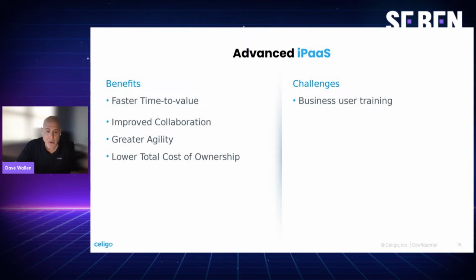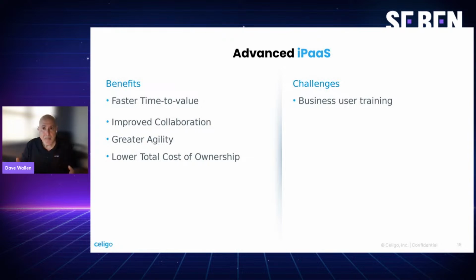You got fast time to value with a traditional iPaaS because your developers were 50% more productive. With advanced iPaaS, by injecting business technologists into the process, the company's developers are often 75% more productive because they are not dealing with a lot of the other issues that business technologists and end users can handle, and they can just focus on the more complex integrations.